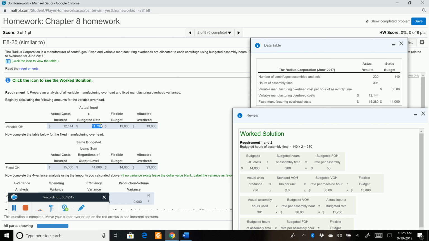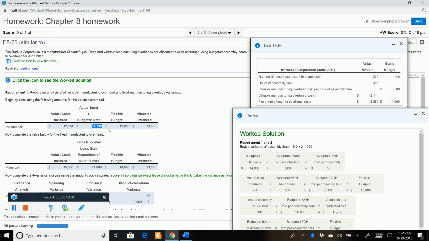The difference is column 2 used the actual hours. The flex budget used the hours that were allowable for this level of activity. You can see the actual hours came in a lot less than what was allowable. Let's call this a favorable variance. This would be an efficiency variance.